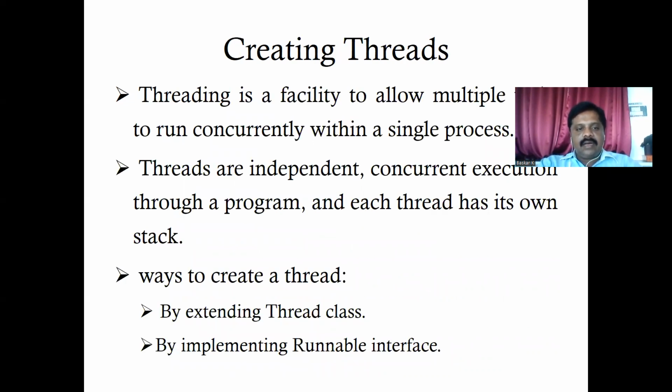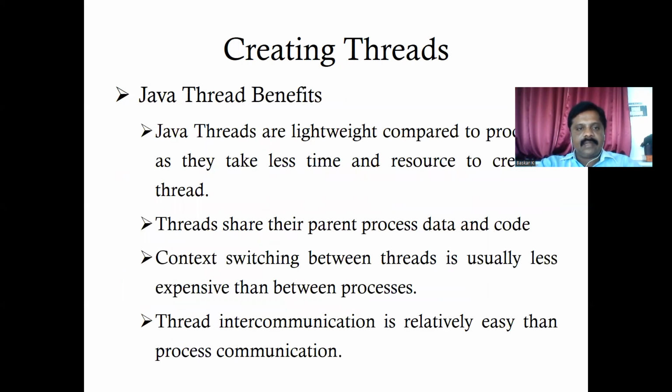Next, how we are going to create a thread. Threading is a facility to allow multiple tasks to run concurrently within a single process. Threads are independent, concurrent execution paths in a program, and each thread has its own stack. The ways to create a thread are by extending the Thread class and by implementing the Runnable interface.